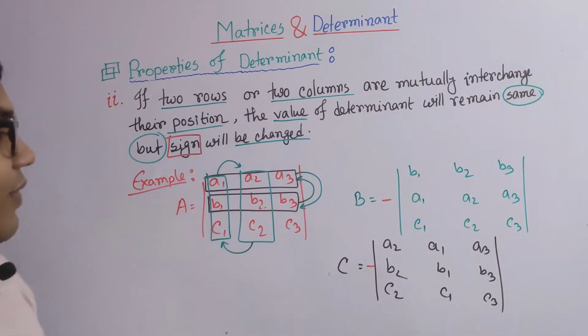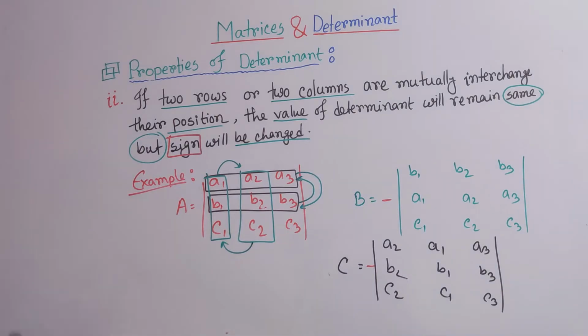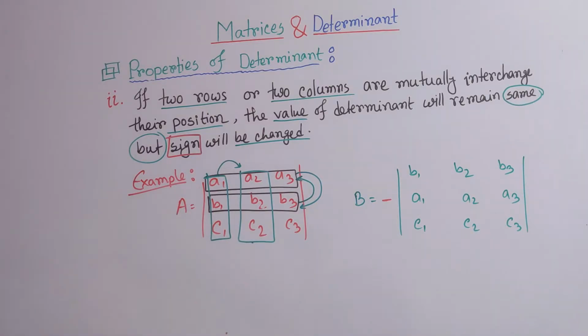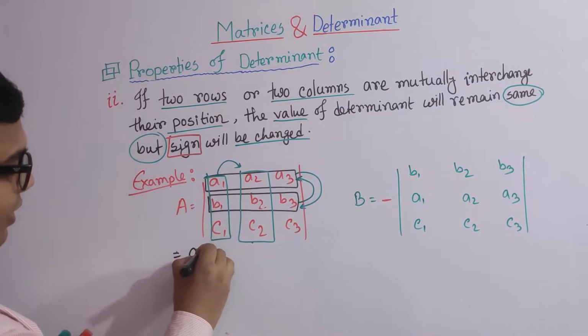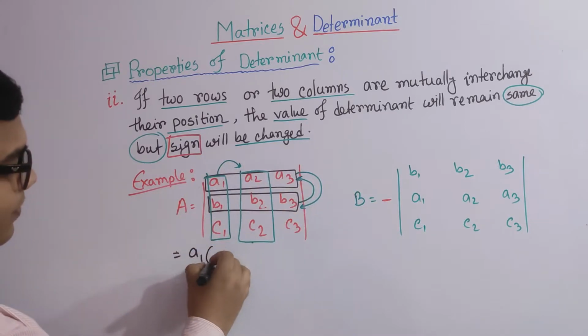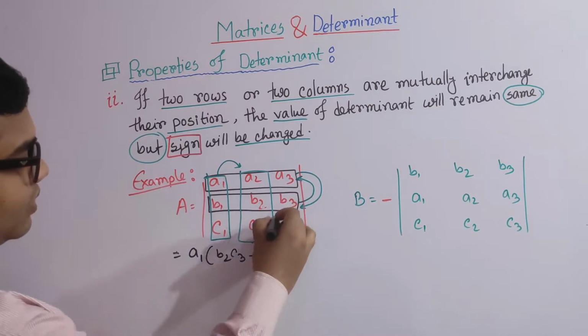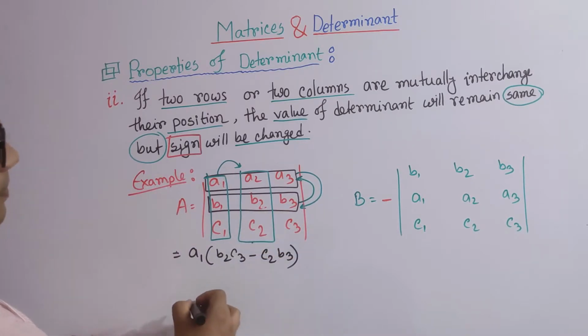Does it really work this way or not? To understand the fact, we have to go for the calculation. If we calculate this determinant, it looks like this. First, for A1, this row and column are gone, so B2 C3 minus C2 B3.